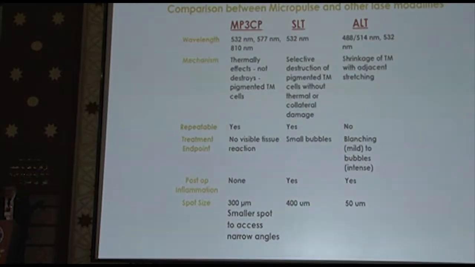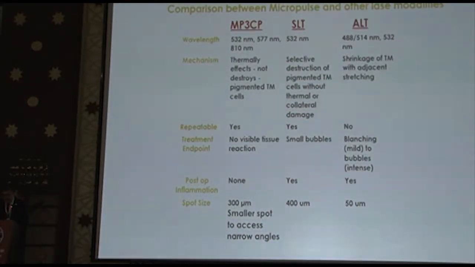A comparison between the micropulse laser and other types of laser, SLT and ALT. It has thermal effects, not destroying pigmented trabecular meshwork cells, whereas SLT is selective destruction of pigmented trabecular meshwork. Also, it's repeatable, as selective laser trabeculoplasty is also repeatable. There is no visible tissue reaction.